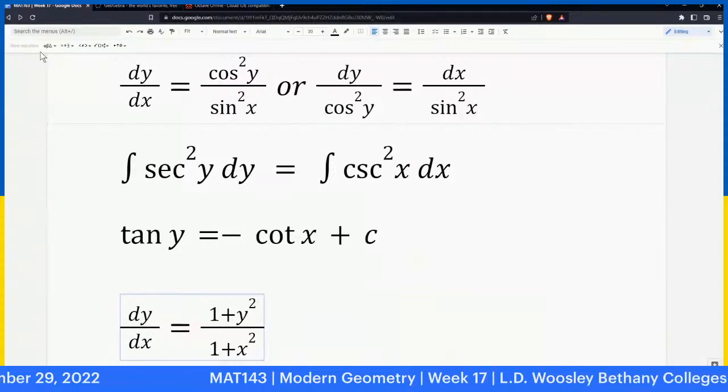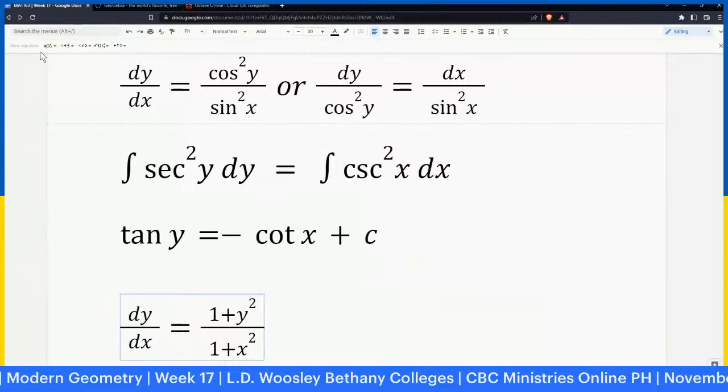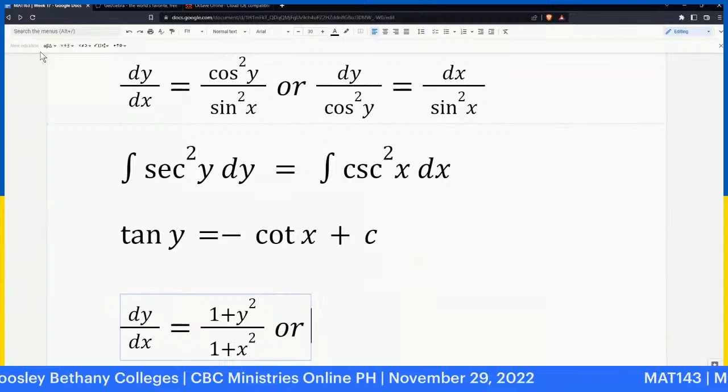Okay, basically they're variable separable. Please rearrange, Michaela. dy on the left, dx on the right.